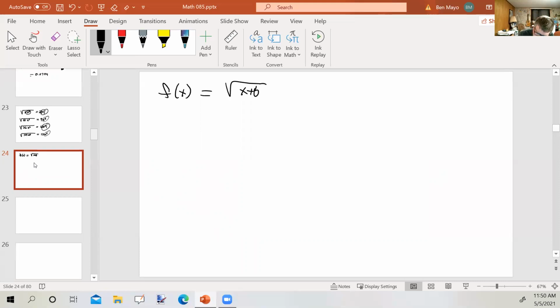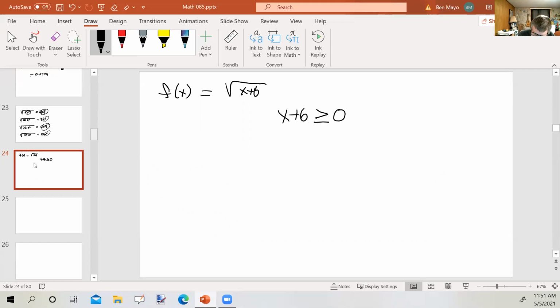So that means that the radicand can't be negative. So it either has to be greater than 0, which would make it positive, or equal to 0, which would make it 0. You can take an even root of a positive number or 0.